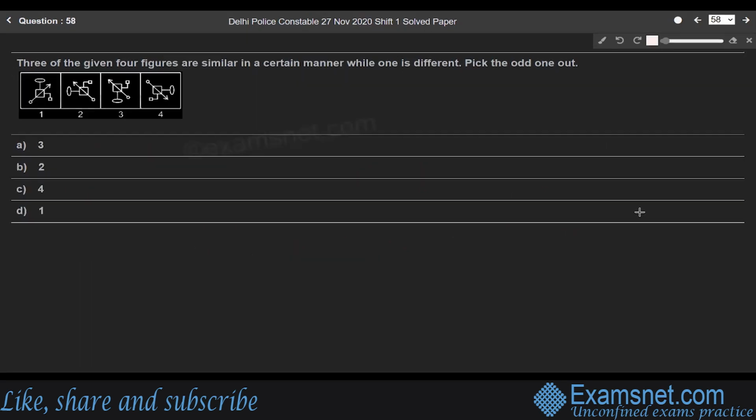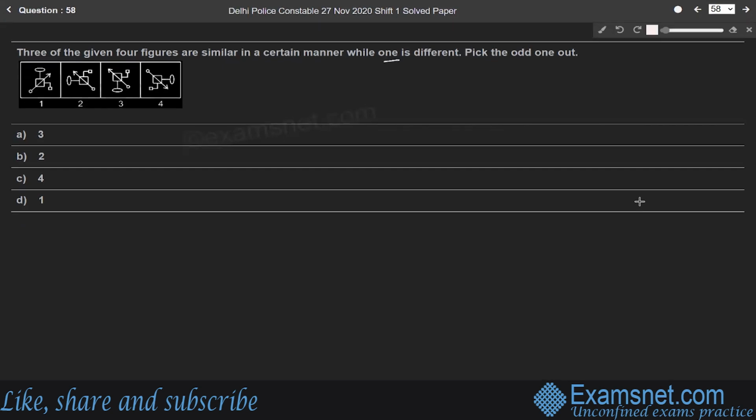Question 58. 3 of the given 4 figures are similar in a certain manner, while one is different. Pick the odd one out. Look at the figures here. In the first figure, the oval shape is facing towards north, and the arrow mark is facing towards northeast. In the second figure, the oval shape is towards west and the arrow mark is facing northwest.